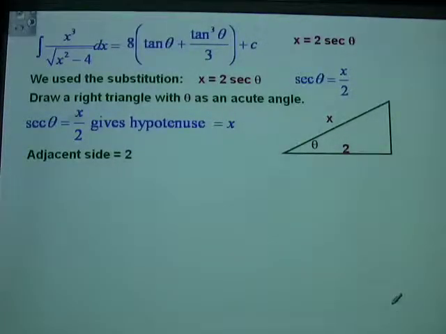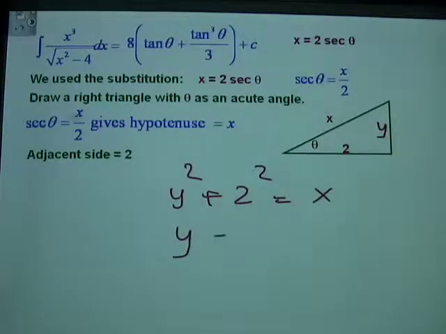So if the opposite side is y, then y squared plus 2 squared equal to x squared. Therefore, y will be the square root of x squared minus 4. Is that right? Yes.